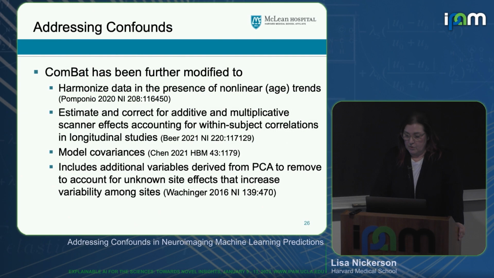They also showed that all the harmonization methods they tested, from simple z-scoring, which I didn't really talk about, to regression with site variables, reduced classification accuracy. So they all effectively removed some of that site variation propagating into the classification.